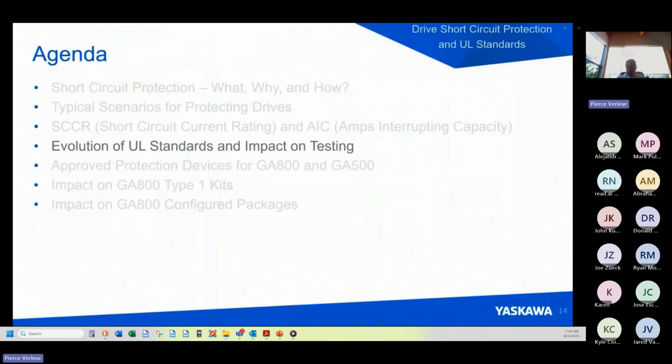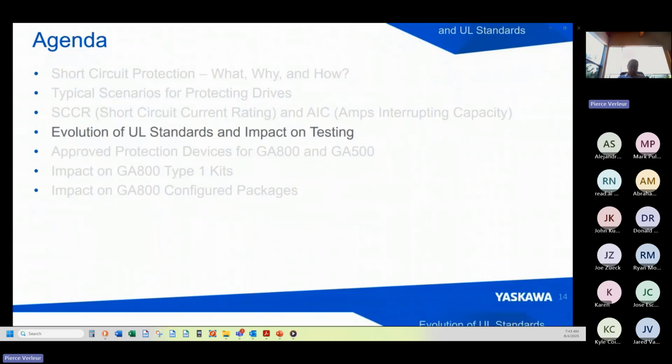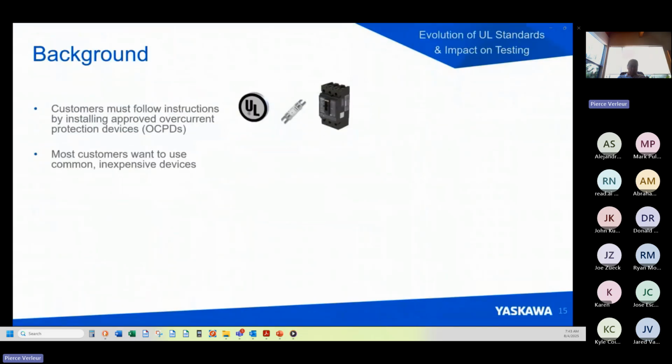Okay, let's next move on to the evolution of the UL standards and how that has impacted testing. Let's talk a little bit about the background. First of all, customers must follow instructions by installing approved OCPDs. I'm probably going to say that a number of times, but it's very important. And we also know that most customers want to use common, inexpensive devices.